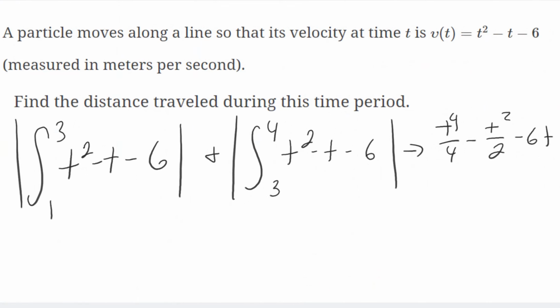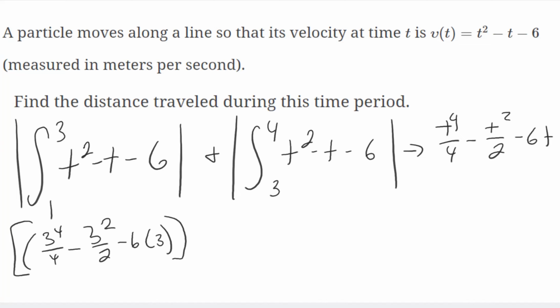So I've got 3, so it's 3 to the 4th over 4 minus 3 squared over 2 minus 6 times 3. Minus 1 to the 4th over 4 minus 1 squared over 2 minus 6 times 1.